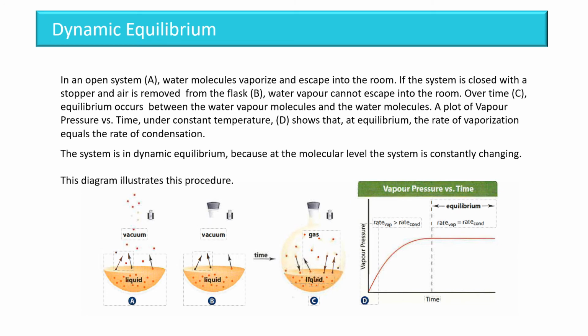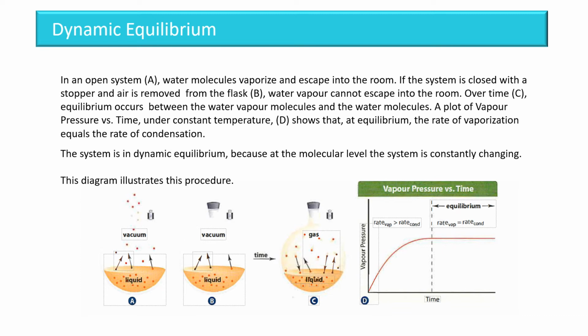In an open system, shown in A, water molecules vaporize and escape into the room. If the system is closed with a stopper and air is removed from the flask, which is shown in B, water vapor cannot escape into the room. Over time, as shown in diagram C, equilibrium occurs between the water vapor molecules and the water molecules.